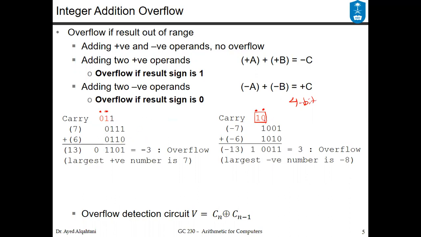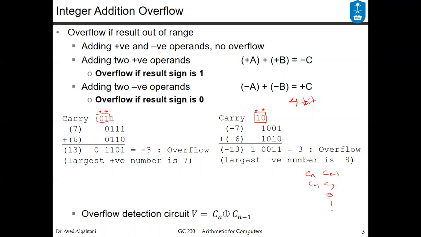You notice when you have an overflow that they differ. And we know the logic gate that can help us with this: when the inputs differ, the output is going to be 1. If we assume only 2 inputs and we generate the truth table, we have Cn and Cn minus 1. In our case, it's going to be C4 and C3.